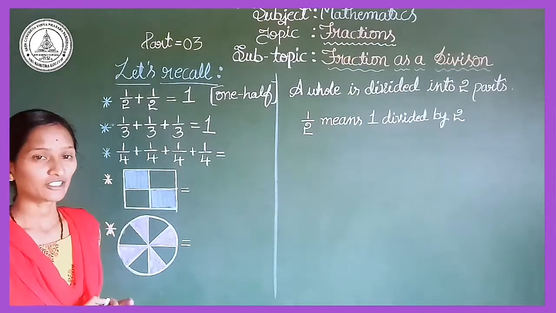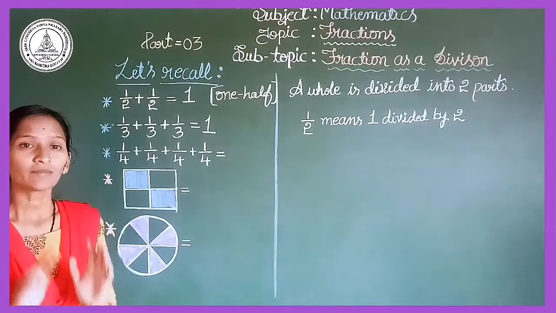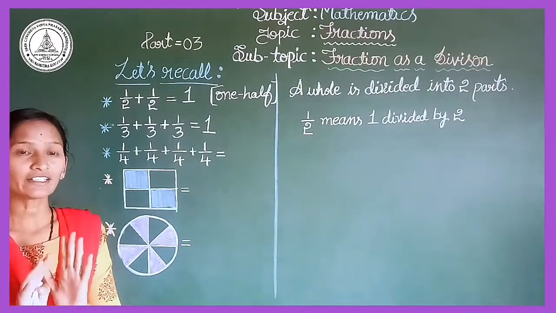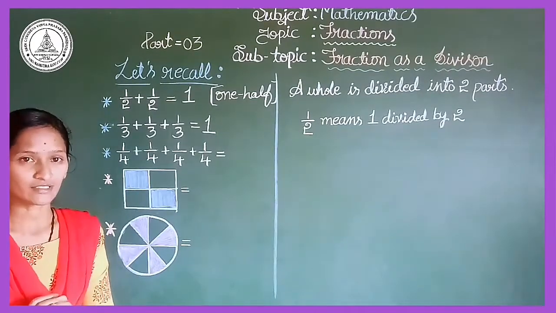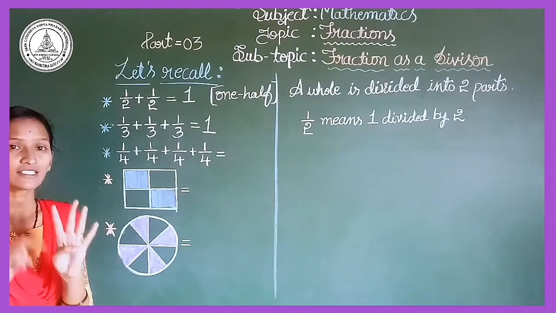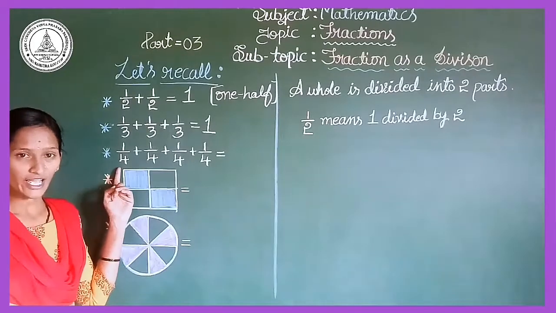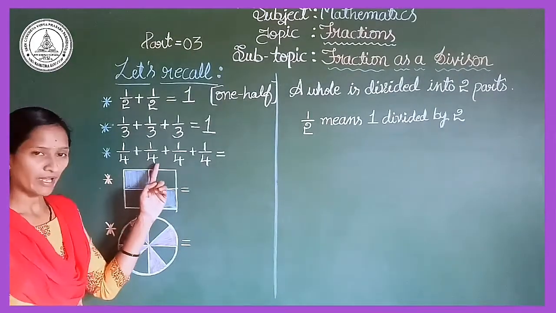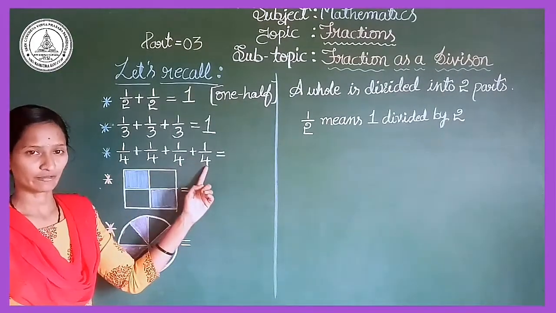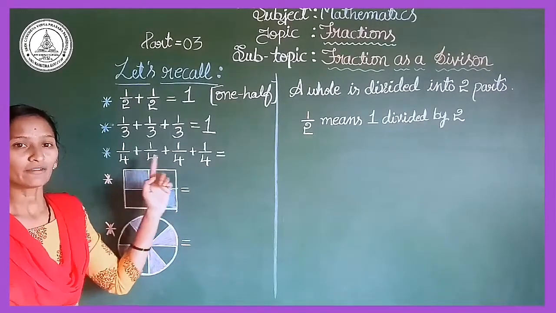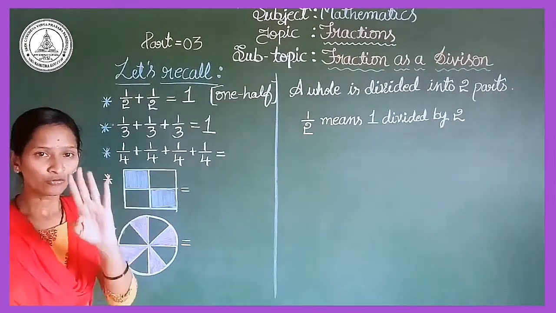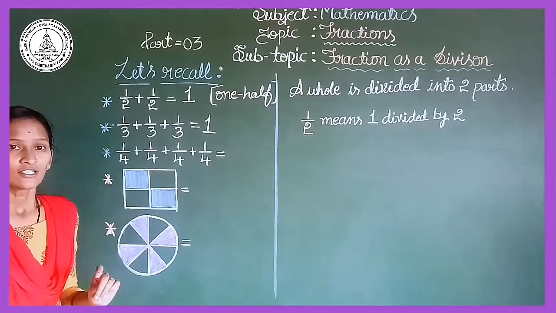Now come to the 1/4 fraction. See here, from the same whole we divided it into four equal parts. In four equal parts, each part we call 1/4, right? So 1/4, 1/4, 1/4 and 1/4. How many 1/4 are there here? Four 1/4.